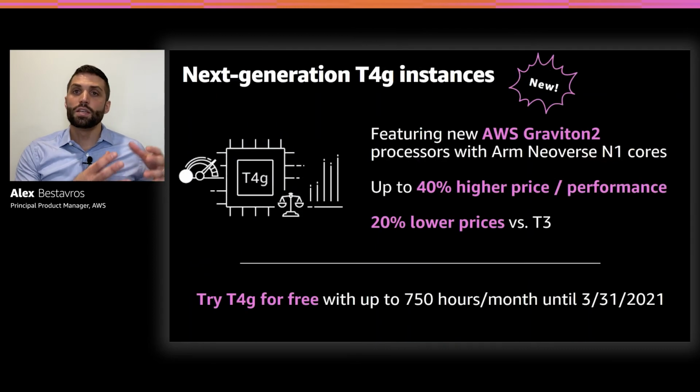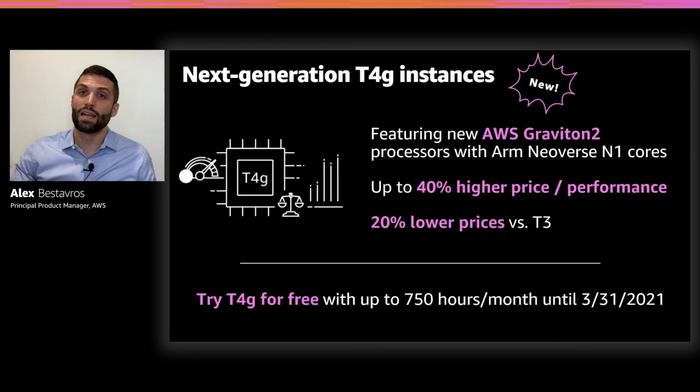So first, these feature our latest AWS Graviton2 CPUs. These are based on ARM Neoverse N1 cores, and this is our second generation CPU. We first launched Graviton at re:Invent 2018, and since then we've iterated and come up with a super high performance, very cost-effective way to run infrastructure, and that's what Graviton2 is based on.